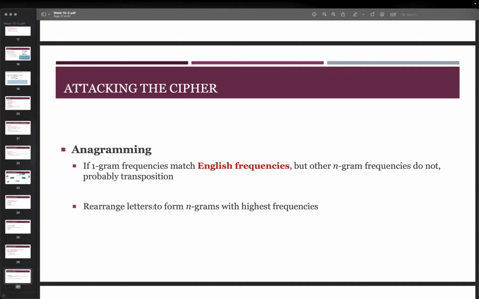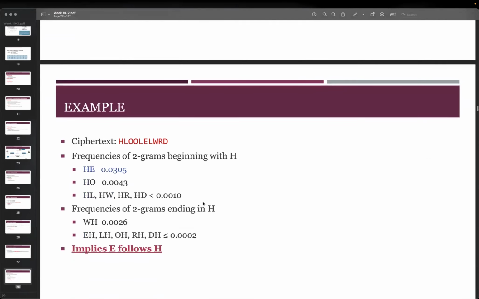So what does this mean? When we try to rearrange the letters to form the n-gram with the highest frequency. Let's say the ciphertext right here looks meaningless, right? When we look at the frequency of 2-grams beginning with H, we are given numbers: beginning with HE will be 0.0305, HO will be 0.0043.